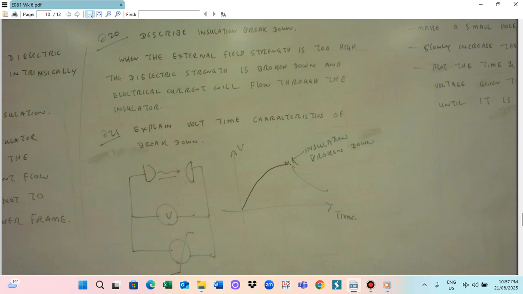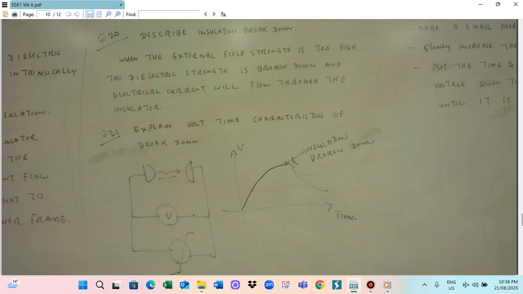To utilize this, there will be a sphere, and this is another sphere. Then we give the voltage here. We increase the voltage using the regulator, and then we measure the voltage.